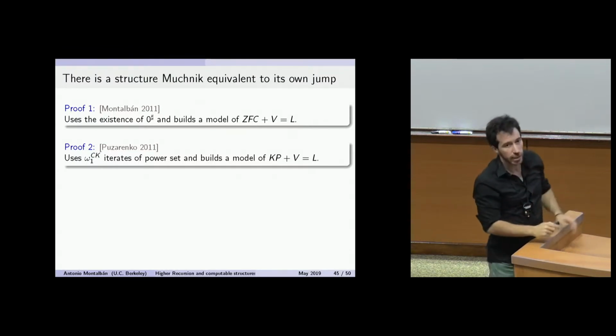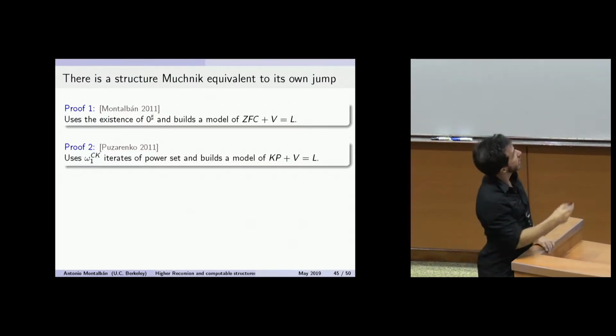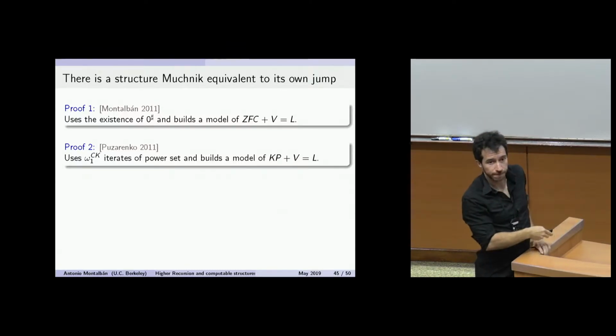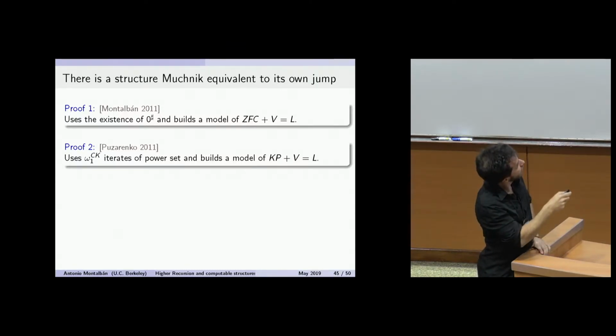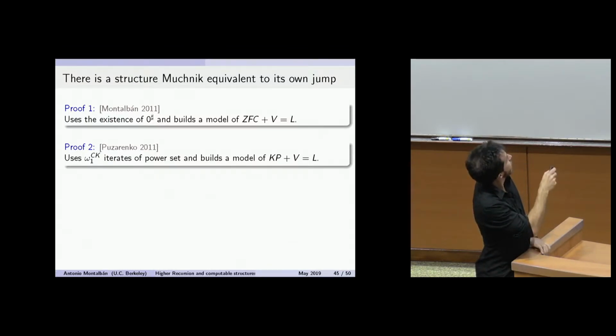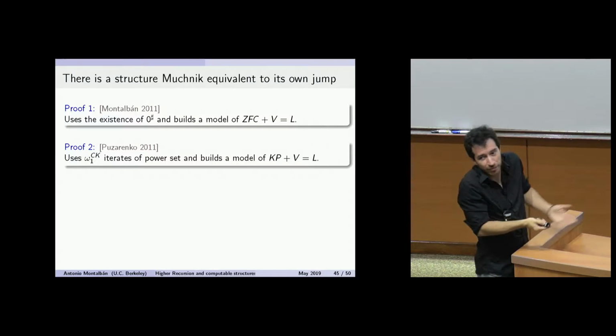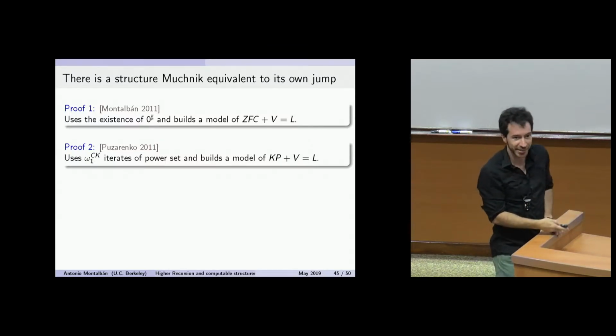I guess he uses KP plus V equals L, but he doesn't use indiscernibles or sharp. So they were similar in the type of model, but completely different in the way you build the structures. His uses fewer assumptions. Mine was easier to understand, because if you have more assumptions, you can usually get a nicer proof.